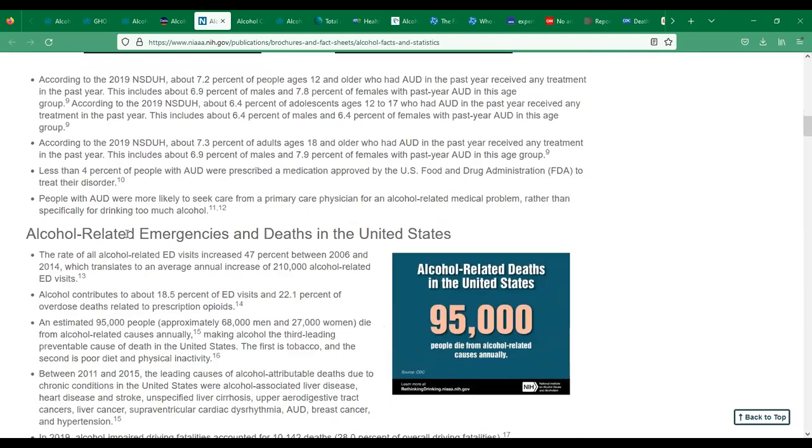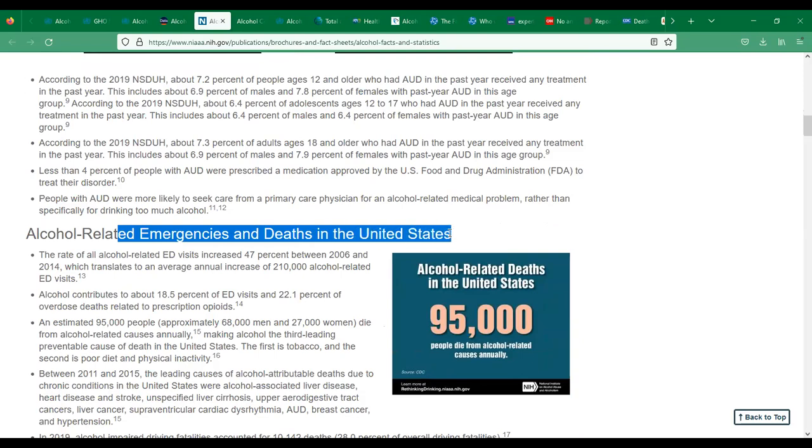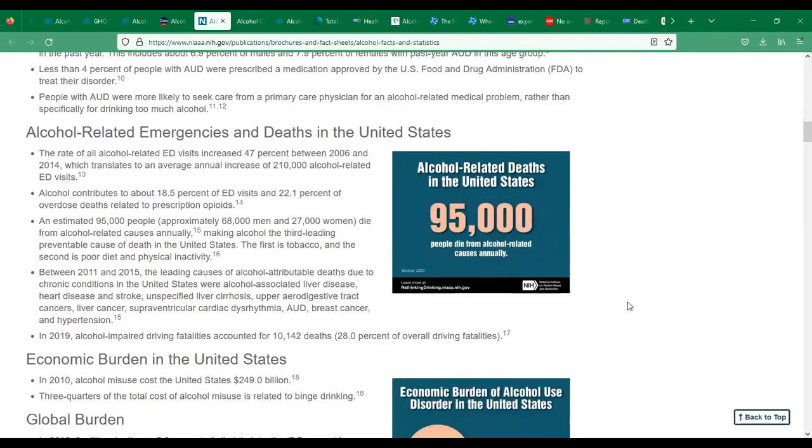Okay, alcohol-related emergencies and death in the United States. So we have 95,000 people who die from alcohol-related causes annually.